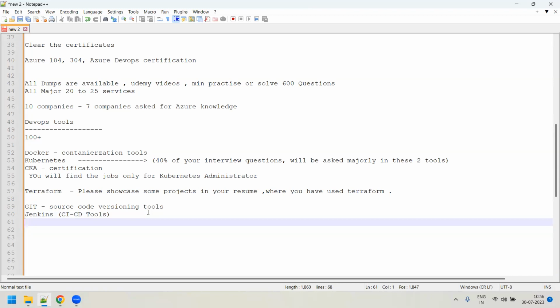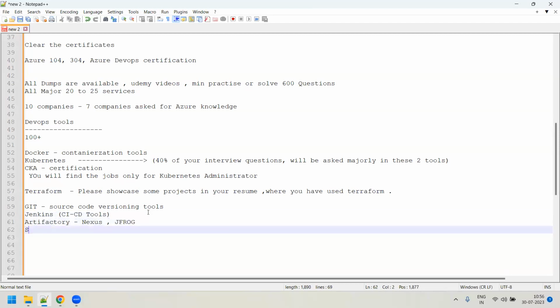And also you should have knowledge on artifactories, like Nexus artifactory or JFrog artifactory. You should have knowledge on SonarQube. I'm not discounting anything here. You should have end-to-end knowledge on the complete CI/CD pipeline. Apart from this, what happened, right?